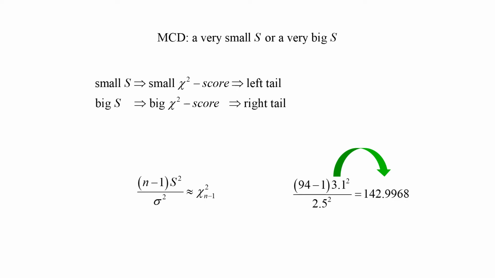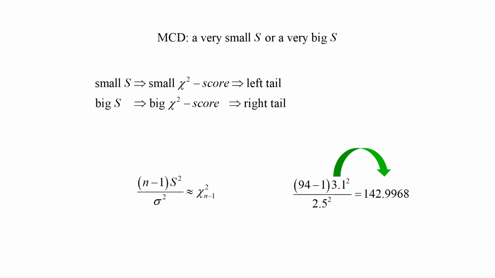We have a small value of S, which would transform itself into a small chi-squared score. On the chi-squared graph, the small scores are on the left tail, close to 0. And we could also be convinced that sigma does not equal 2.5 if our sample standard deviation S was really big.